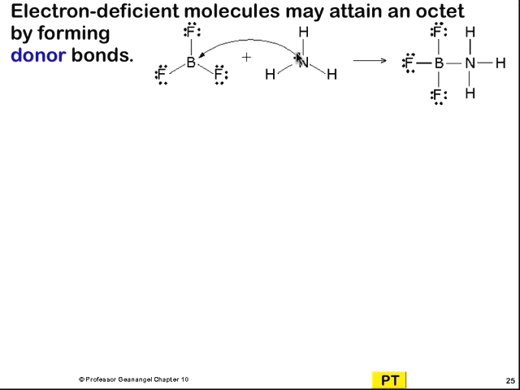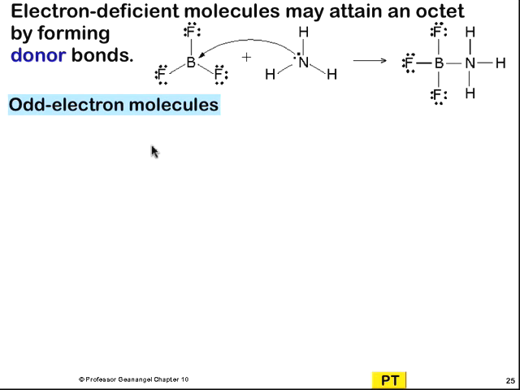Both electrons in that bond come from nitrogen. We call that a coordinate bond or sometimes an adduct bond. And so that's what makes a compound like this hang together. It gives boron an octet. So in that respect, we would expect some stability from that.